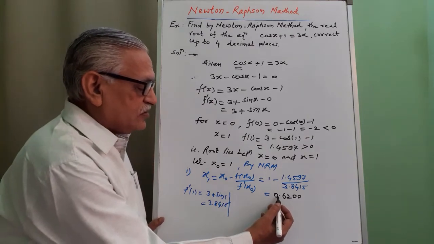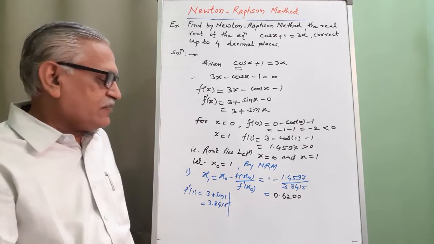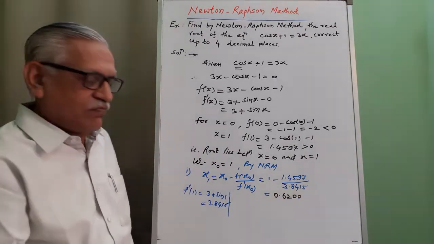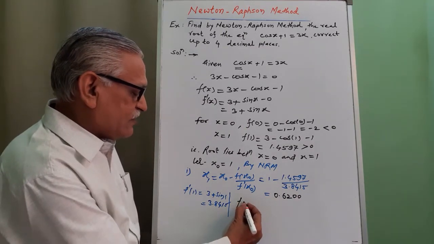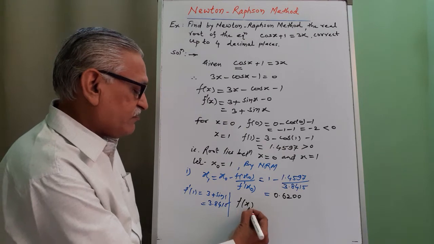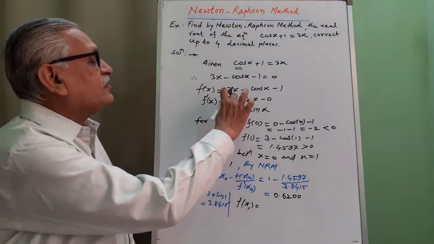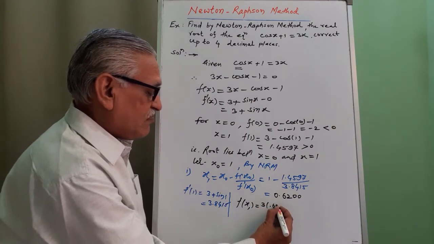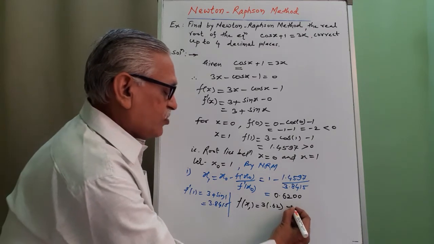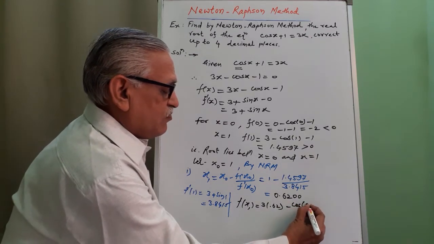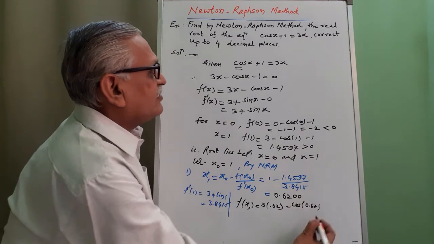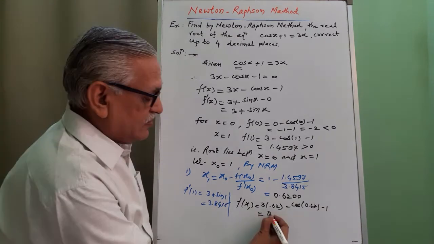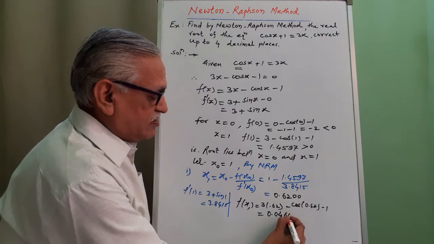if we perform this calculation by calculator, the corresponding value we have is 0.6200 as the first approximation for the root. Then we check whether this gives the root or not by finding the function value at that point. Therefore f at x1 is 3 into 0.62 minus cos of 0.62 and minus 1, which gives 0.0461.